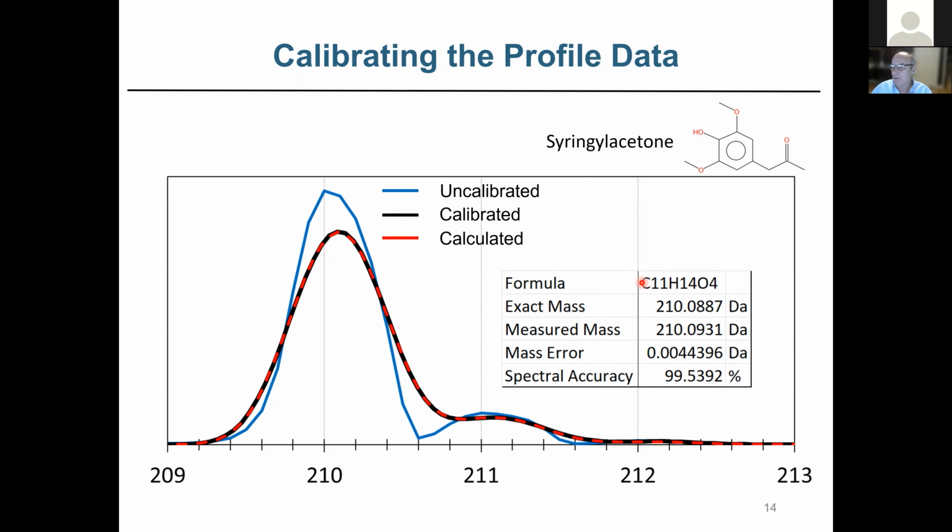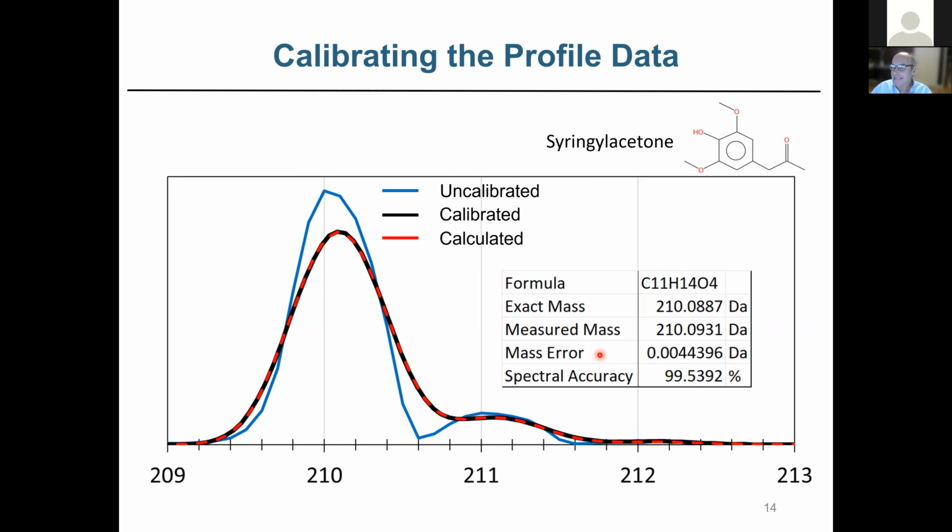So in this example, that's the formula. The exact mass is 210.088, and the measured mass after our calibration is about 210.0931. So that's about 4.5 millidalton mass error. That's excellent for a quadrupole. In real life, this is an example of a really good measurement. In real life, you typically will tend to get between 20 and 30 millidalton mass accuracy on a quadrupole for real samples.